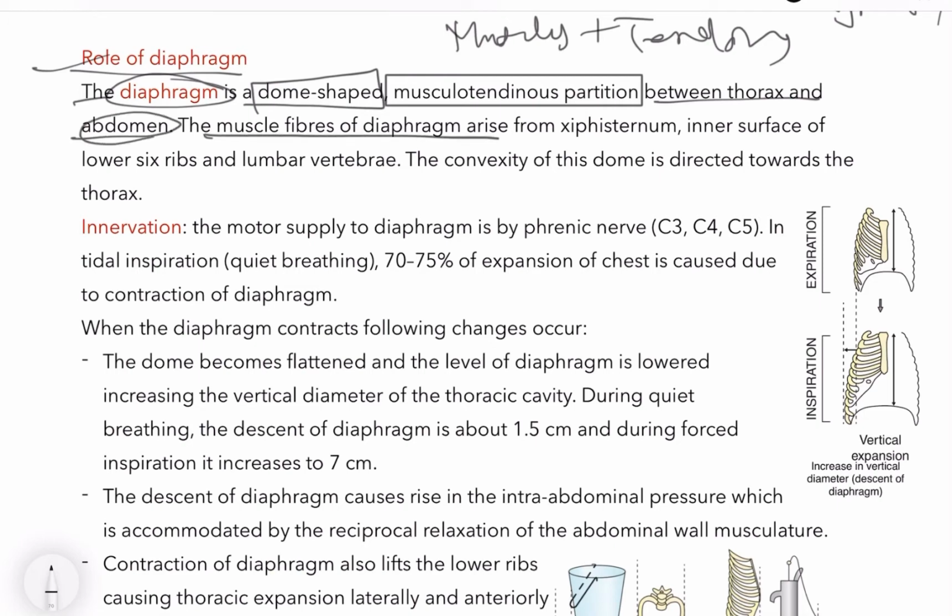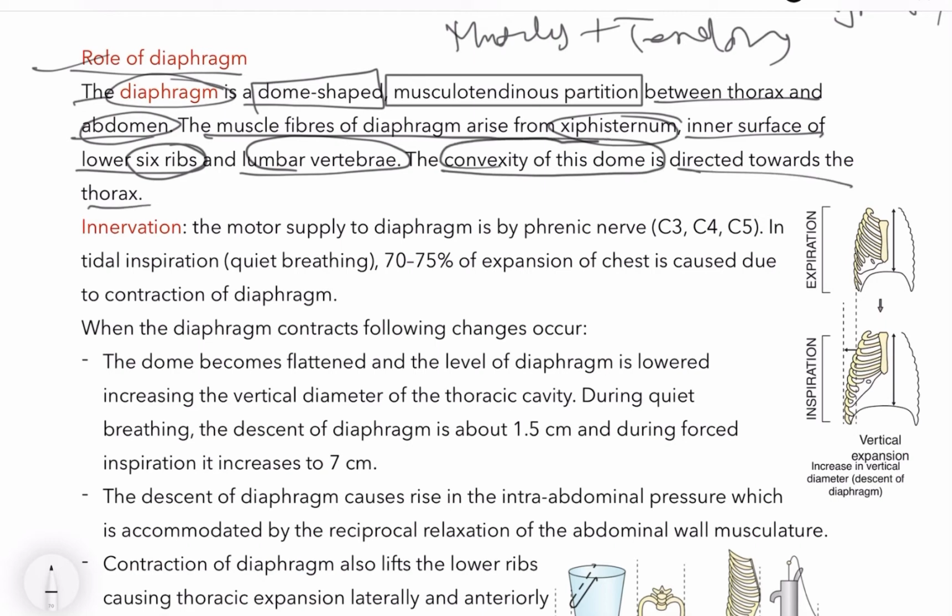Now the muscle fibers of the diaphragm arise from the xiphisternum, the inner surface of the lower 6 ribs and the lumbar vertebrae. These are all the places from where the muscle fibers arise. And the convexity of the dome is directed towards the thorax.